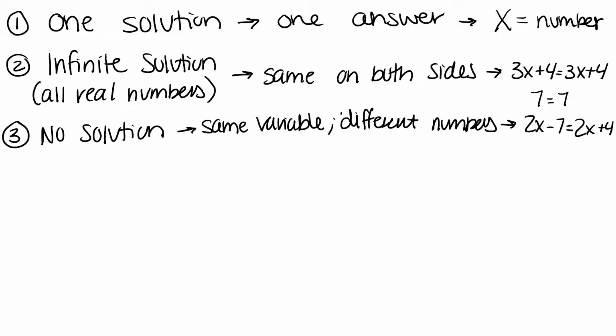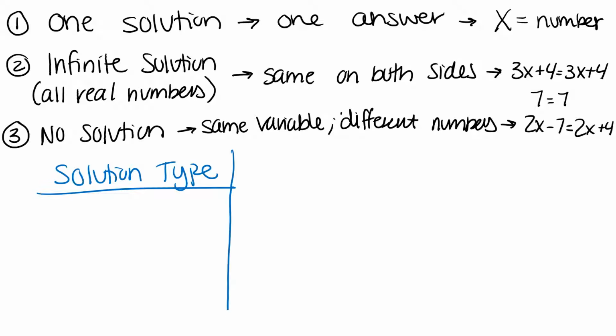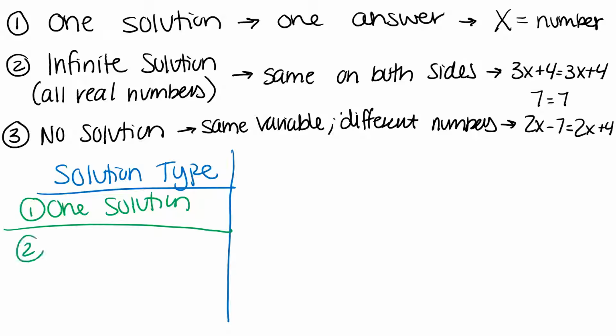Some people like to think about it in terms of slopes and y-intercepts because the equations will be in y equals mx plus b form. And so if we were looking at that type, we would have our type of solution, which could be one solution, infinite solutions, or no solution.